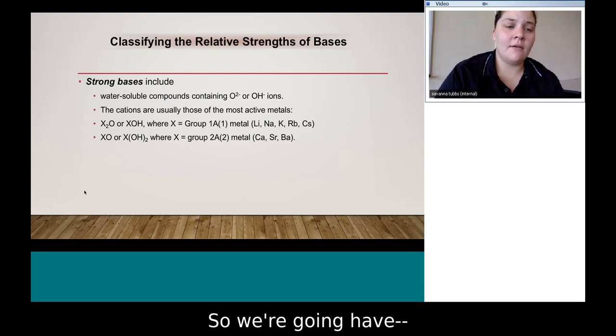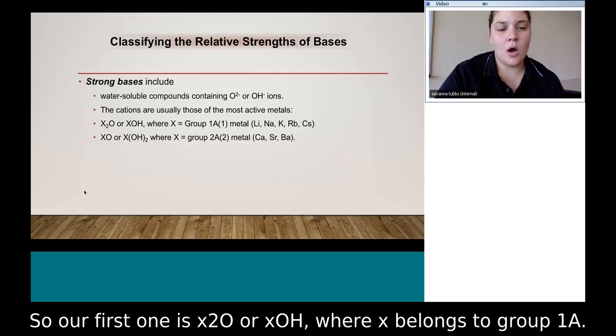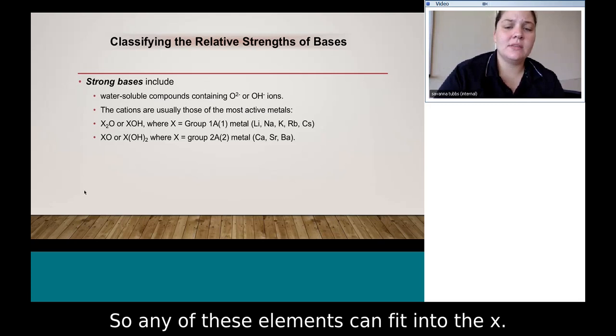The X is going to represent just an element from a group. Our first one is X2O or XOH, where X belongs to group 1A. These are going to be metals such as Li, Na, K, Rb, or Cs. Any of these elements can fit into the X.